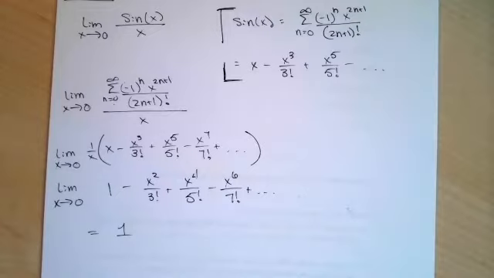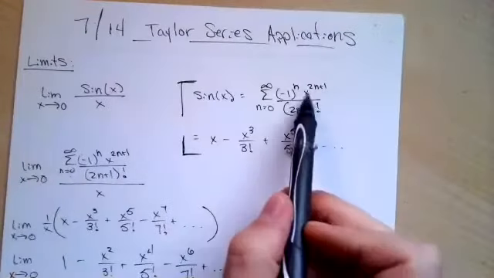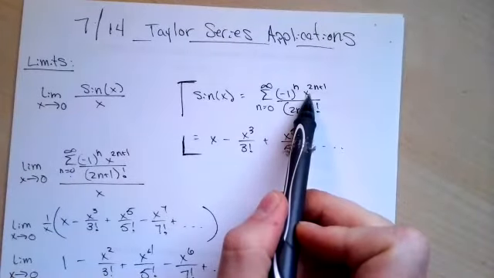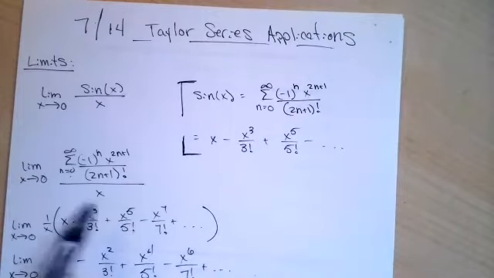And usually, nicely enough, if our limit is going to the base point of the series, so if our series is centered at 0, we like it when that happens. Using those in limits in that situation is going to be nice because usually all of the higher order terms are going to vanish. And so really what we're looking at is the lower order approximation for the function.